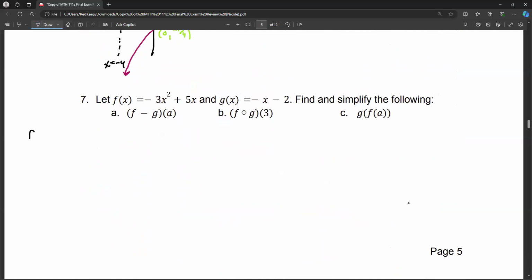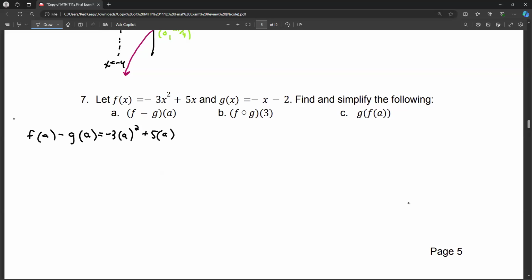So I like to start by writing this implies (f minus g) of a is equal to f of a minus g of a, which we can see above is equal to a evaluated into f of x, which is this.